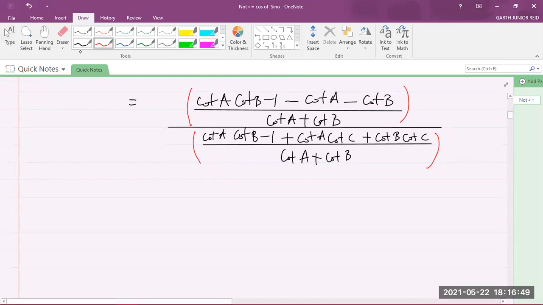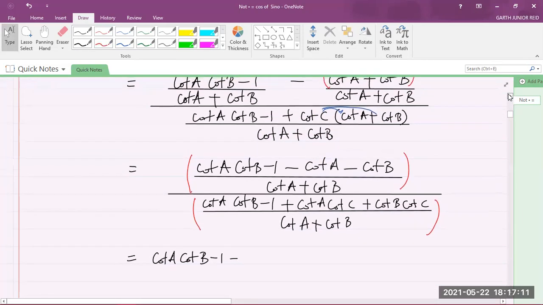So I can now say that this is going to be equal to cot A, cot B, minus 1, yes, so cot A times cot B minus 1 minus the cot of A minus the cot of B, right?